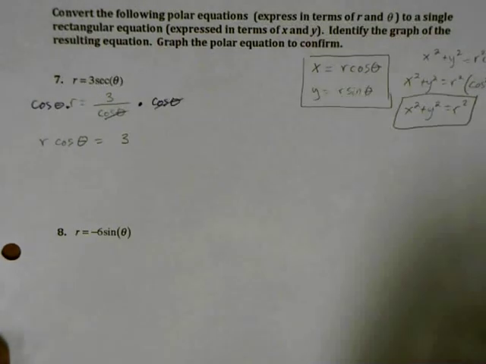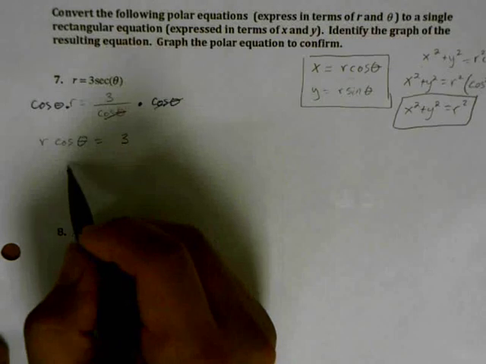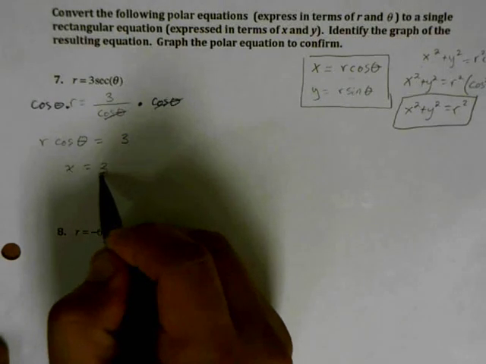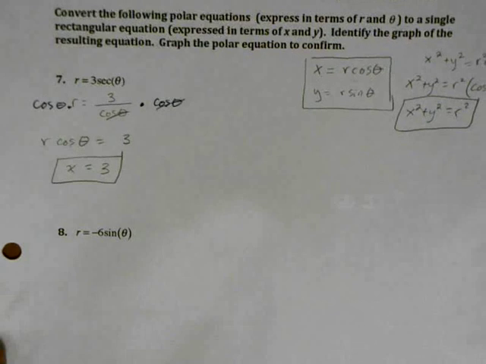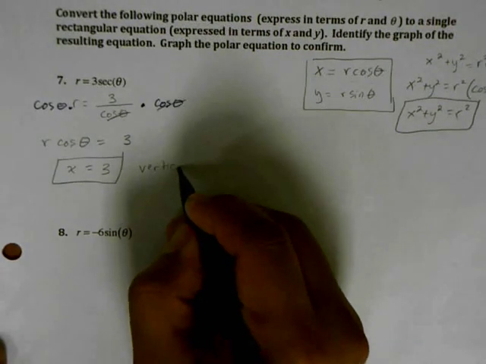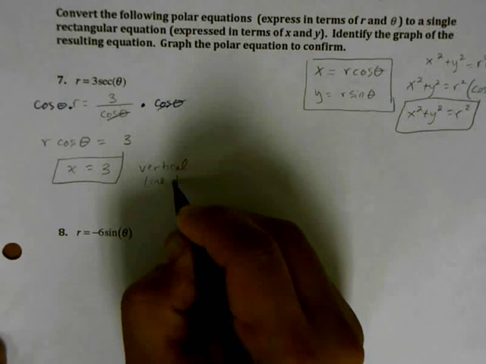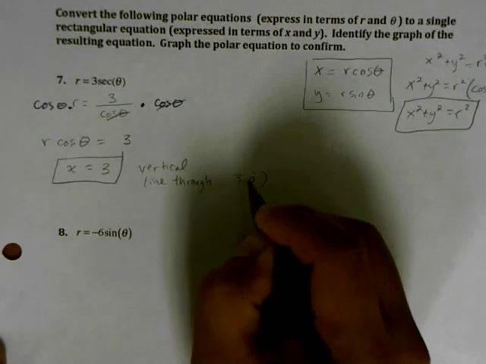This gives me 3. And you can see here r cosine of theta is really equal to x. So that means x equals 3. And from our work in Algebra 1 and Algebra 2, we know that this is a vertical line through 3, 0.